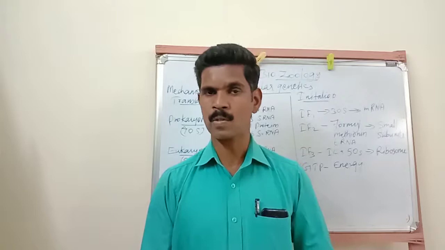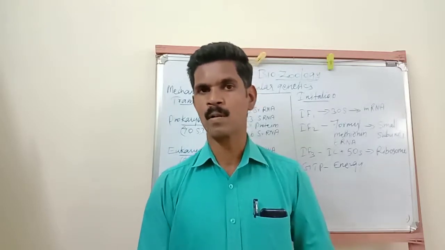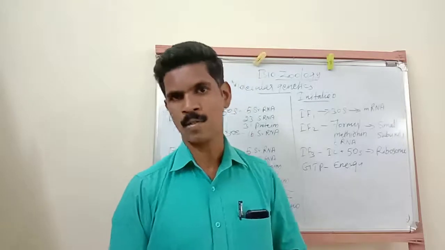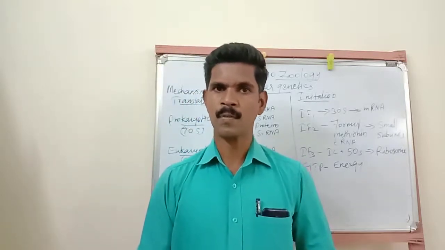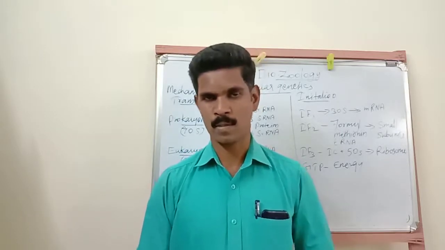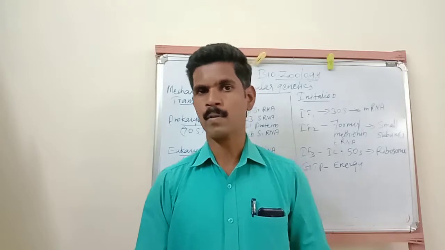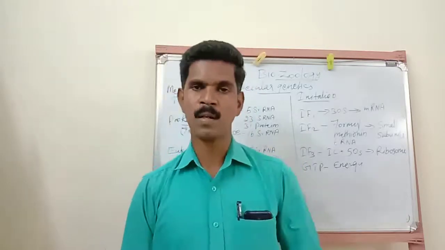Genetic codes are in triplet form, and the triplet form genetic code is called codon. Totally 64 codons are there, 61 codons are responsible for coding the amino acids, and 3 codons are called stop codons. We studied all this information about the genetic code in the last class.